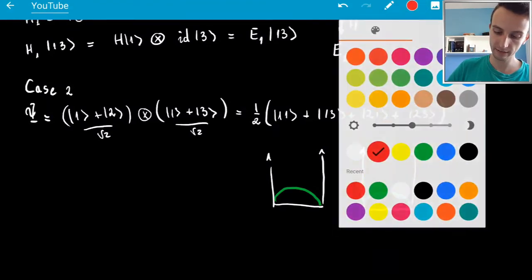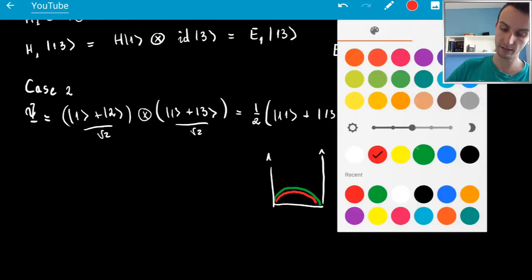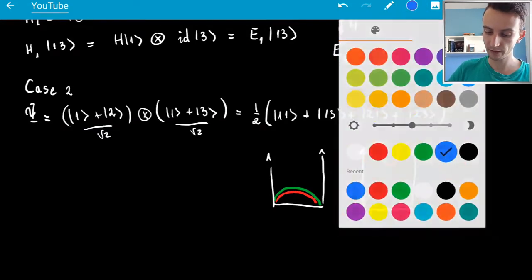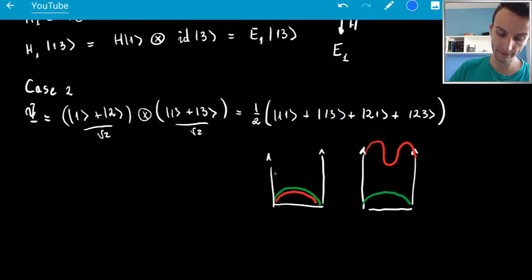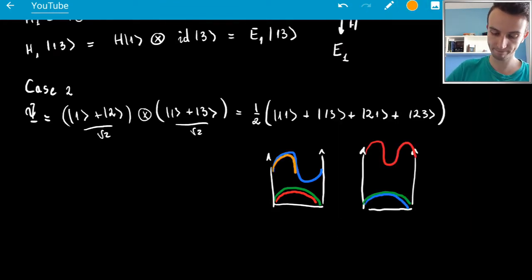The second state is 1, 3. Then I have 2, 1. And then I have 2, 3.